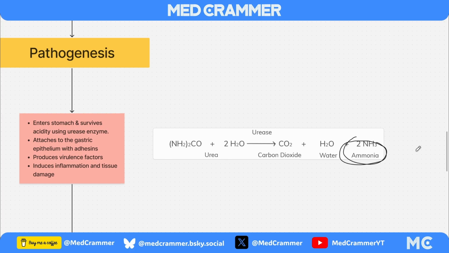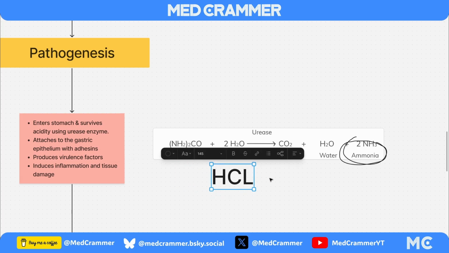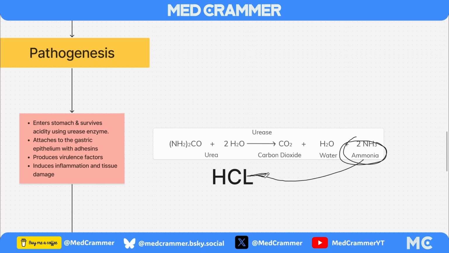So the acidity of the stomach comes from the HCl, hydrochloric acid. So ammonia reacts with the hydrochloric acid to neutralize the acid, which in this case increases the pH of the mucosa from the normal 2 to 3 to more of a sustainable level for H. pylori. So this is how urease helps the bacteria survive in the stomach.